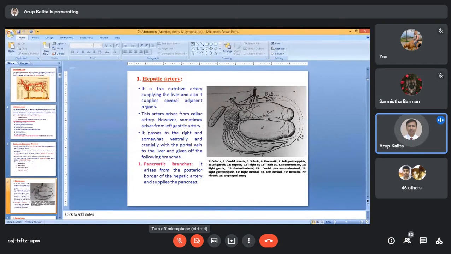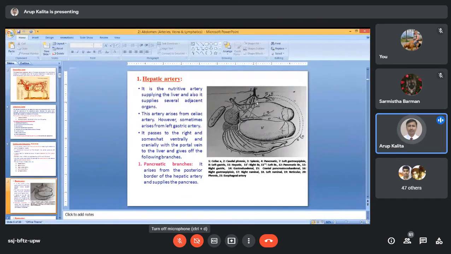Now I will not go through each and every point. I will go with the branches. Now the hepatic artery will give one branch to the pancreas, and that is known as the pancreatic branch. The pancreas is located somewhere here, number 4. So hepatic artery, number 12. What is number 12? Pancreatic branch.